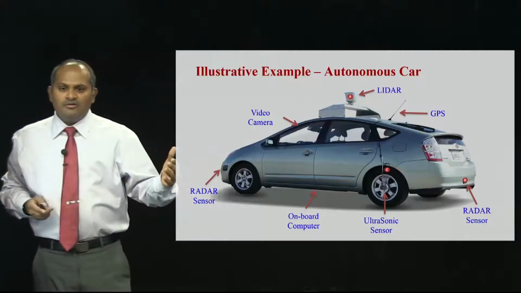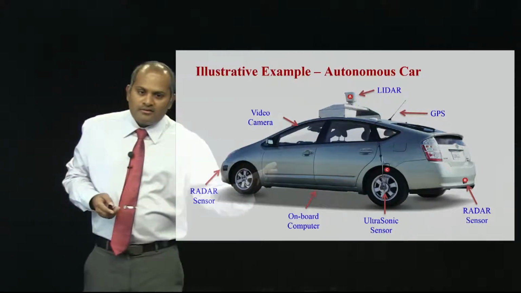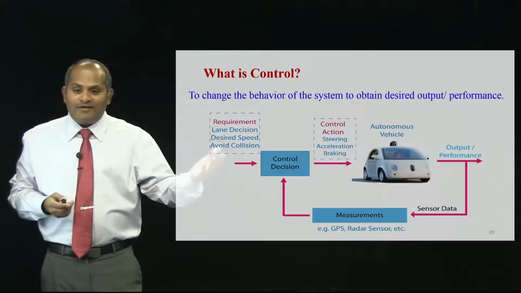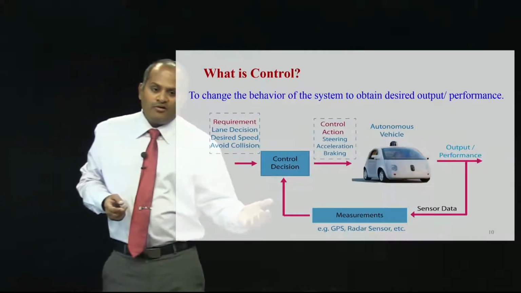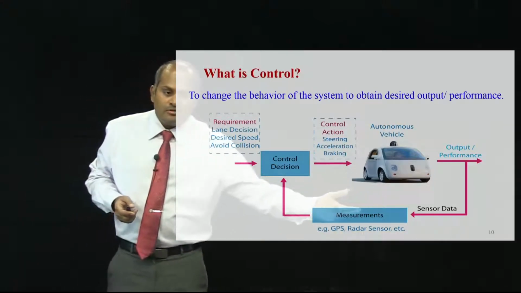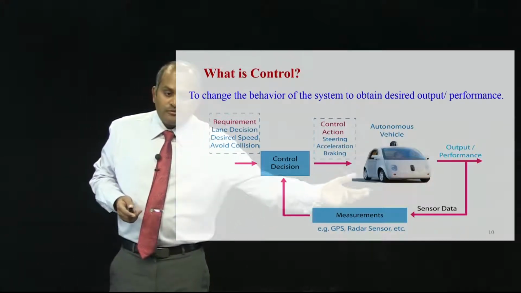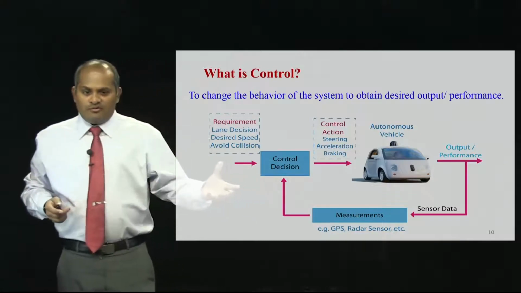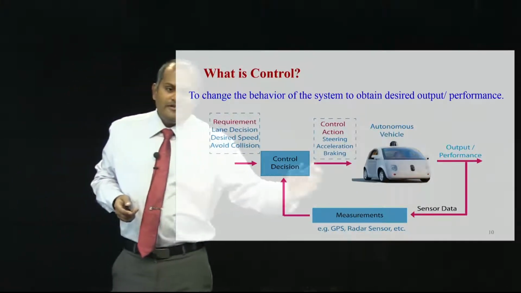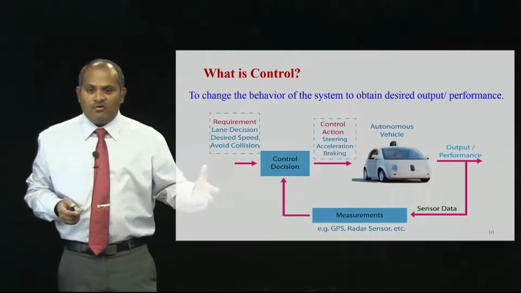So, if I try to present you in a form of a diagram, this is what we call a simple block representation, control system representation. We'll learn this representation in the later classes. What is here is how the information flow occurs.